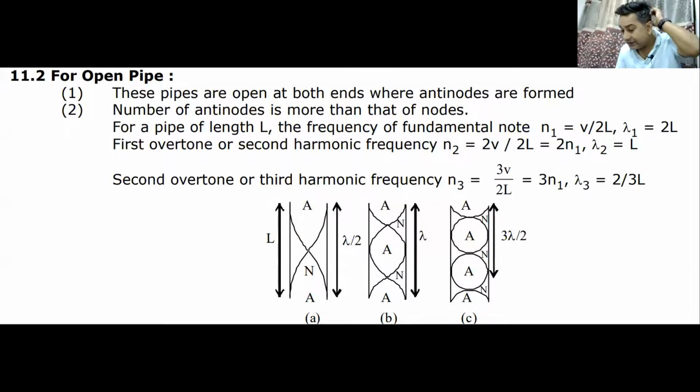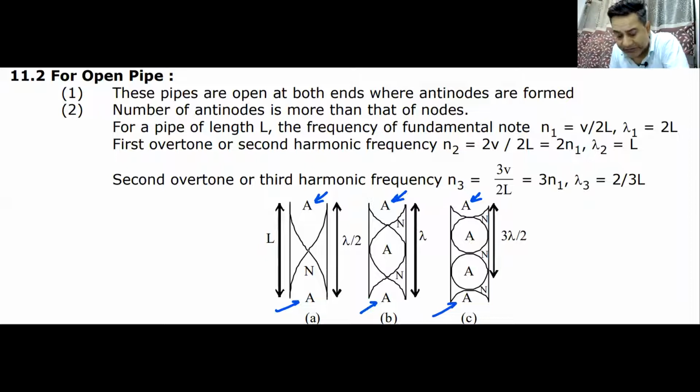What we had seen in a closed pipe as well as in an open pipe is that at the open end you always have an antinode coming. Yes or no? You can see here, wherever we have an open end, we have an antinode.